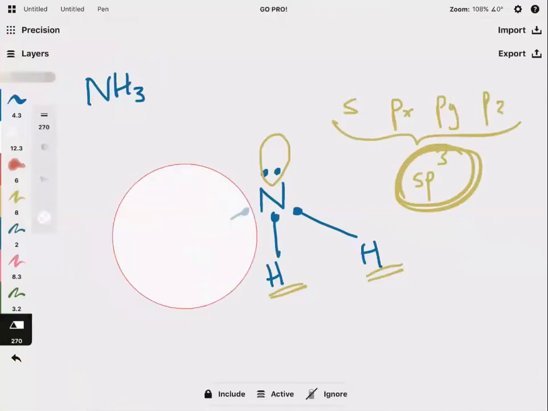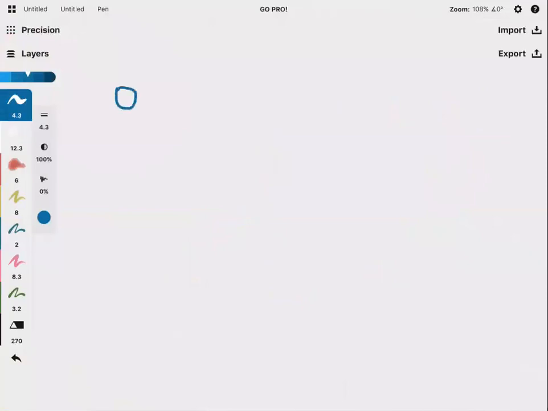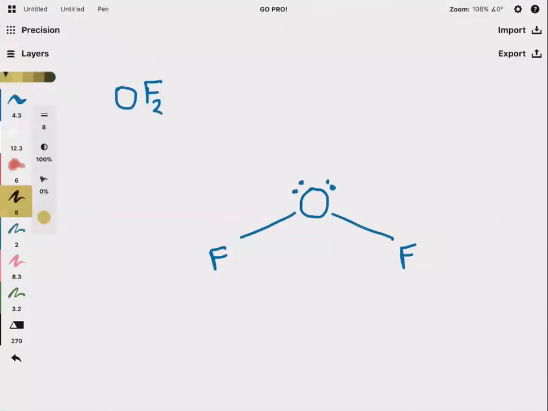Let's try another one. So hopefully you're getting the hang of this now. What if we had OF2? Oxygen with 2 fluorines attached to it. So there's our O, there's an F, and there's an F. And we're chemistry pros now, so I don't even have to draw anything in, but you know that there's 2 lone pairs right here. So this oxygen, in its little oxygen brain, thinks that it's attached to one atom, this fluorine, another one, and it thinks its lone pairs are 2 other atoms.